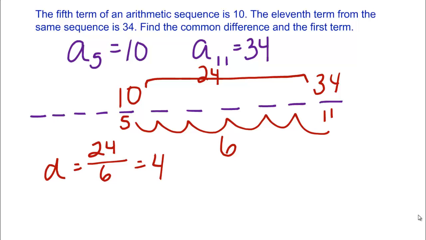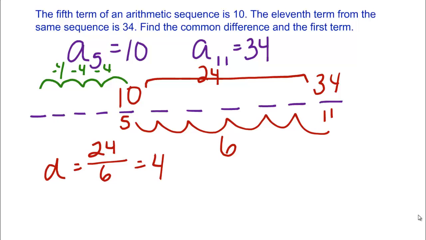How do we then get A1? Well, there's a couple of ways of doing it. You might just want to think backwards and say, okay, if we're adding 4, then to go backwards, I have to keep subtracting 4. Or you could think about plugging in.